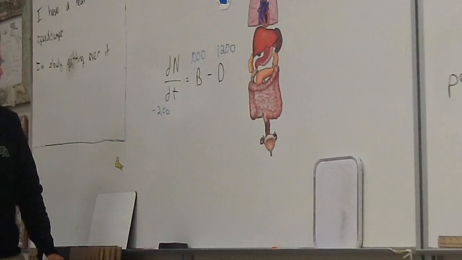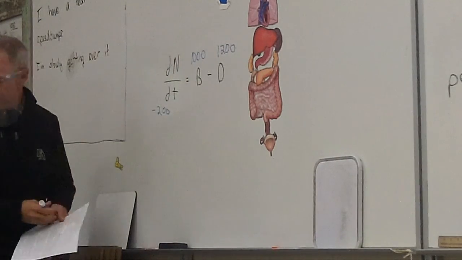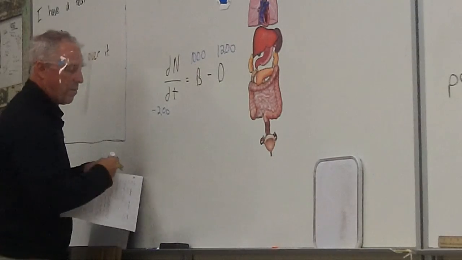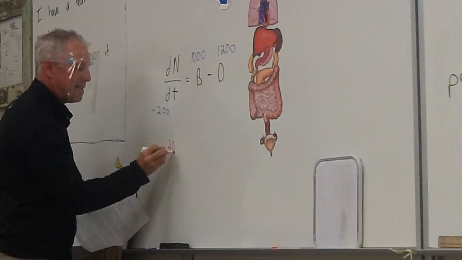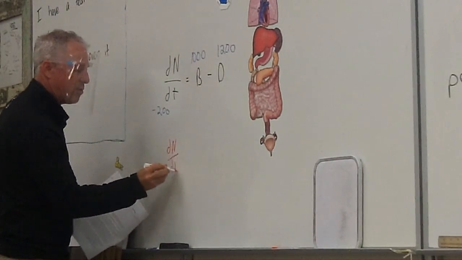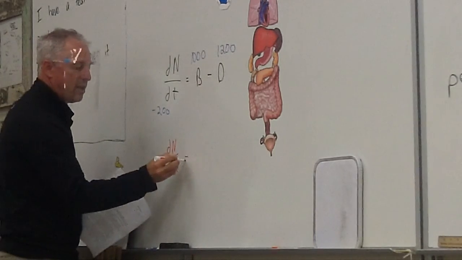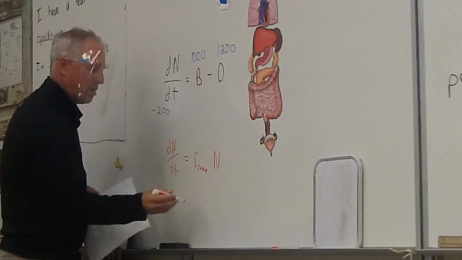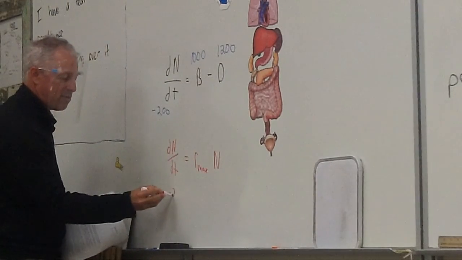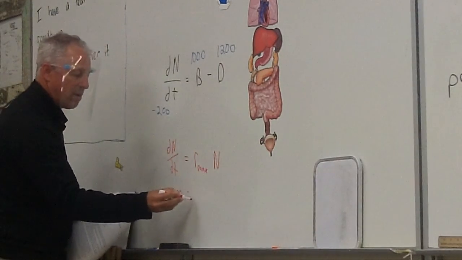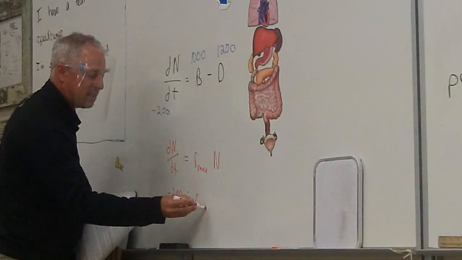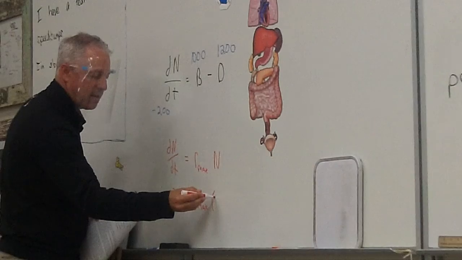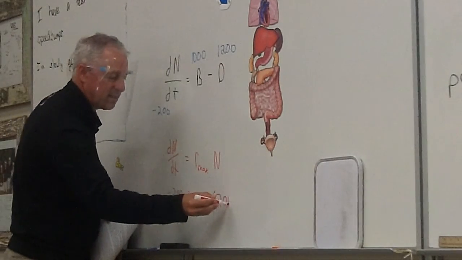But what's the R max? dN/dt, which we know is negative 200, is equal to R max times N. So we plug in negative 200 here, R max times N, which was 2,000.